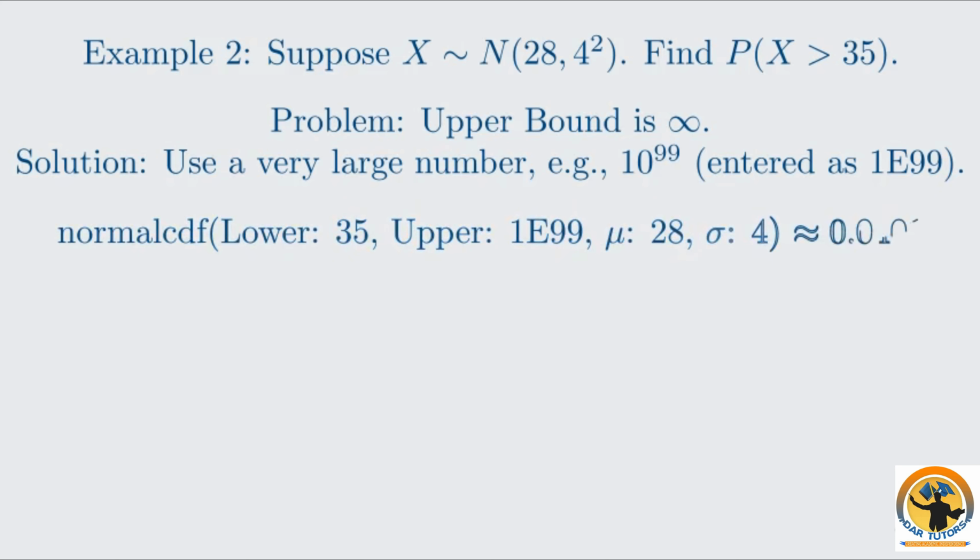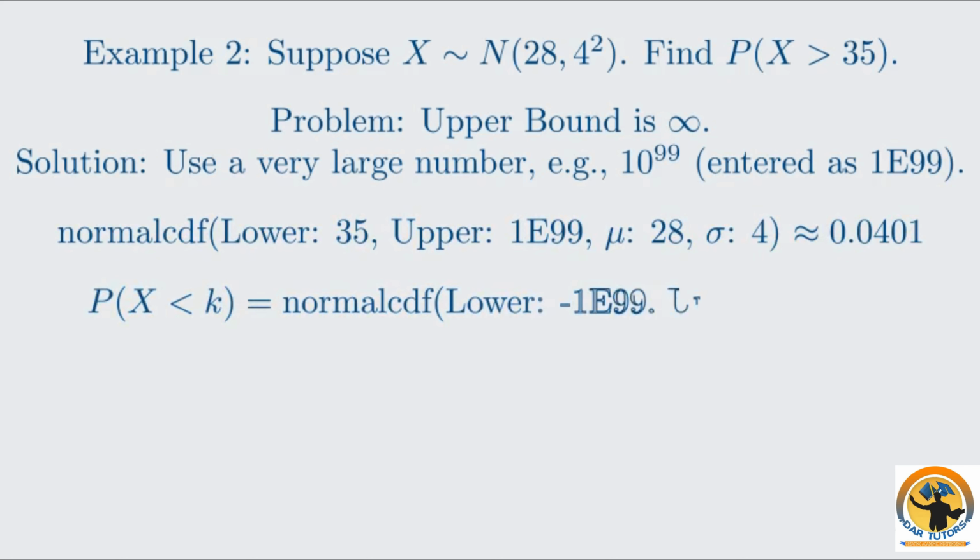The calculator gives us approximately 0.04. Similarly, to find the probability that x is less than a certain number, we use a very large negative number, like negative 10 to the power of 99, for the lower bound. This approximates negative infinity. This technique of using very large positive or negative numbers to represent infinity is fundamental when working with continuous probability distributions on a calculator.